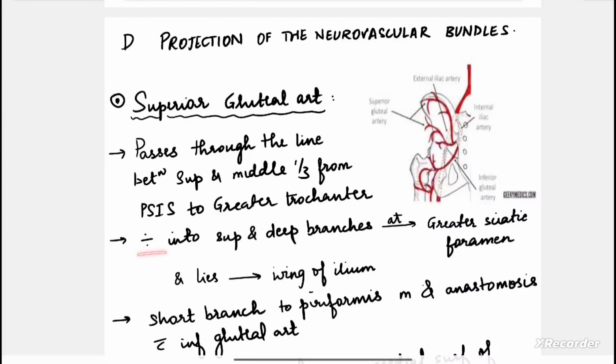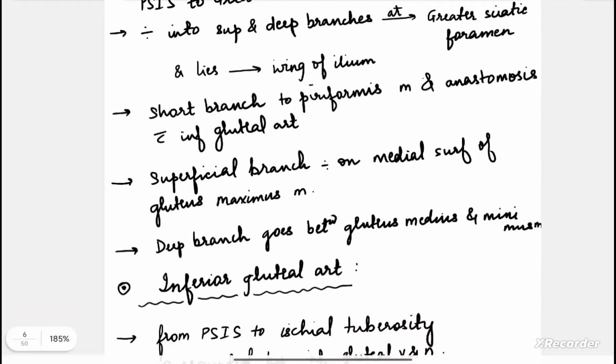It divides into superior and deep branches at the greater sciatic foramen and lies in the wing of the ilium. Short branches go to the piriformis muscle and anastomose with the inferior gluteal artery. The superior branch divides on the medial surface of the gluteus maximus muscle. The deep branch goes between the gluteus medius and minimus muscles.